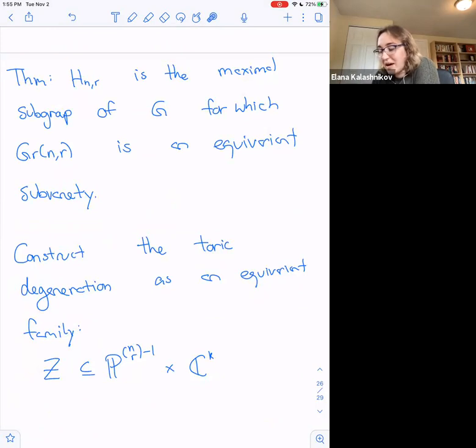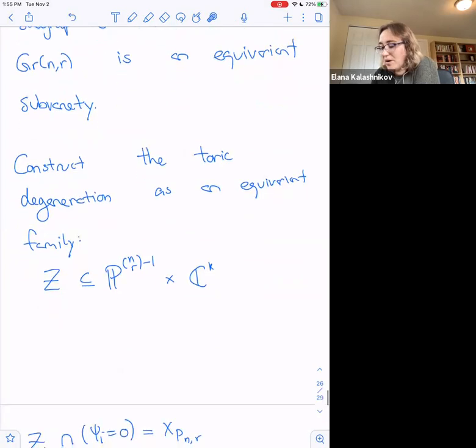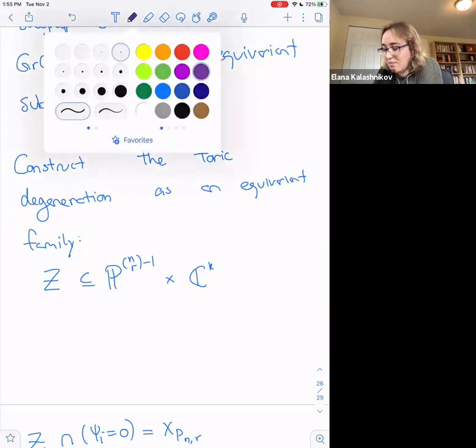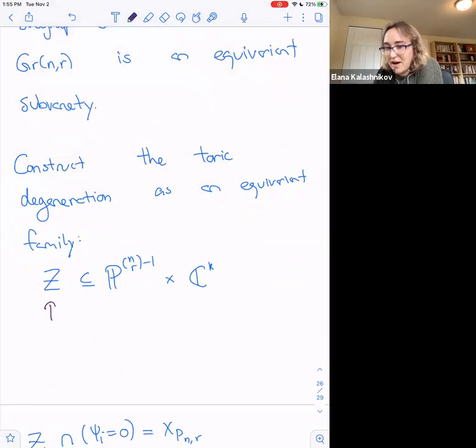So to get there, I want to take the toric degeneration that we've been looking at and construct it as an equivariant family, a G-equivariant family. So I'm going to let Z be the family cut out by Plücker relations with extra parameters.